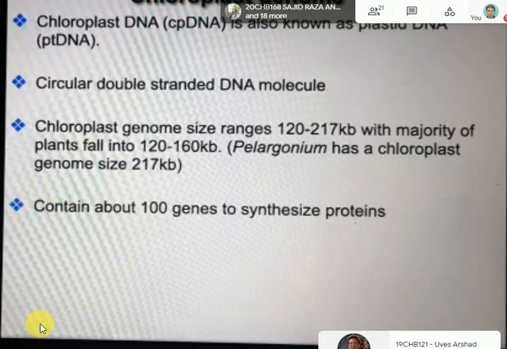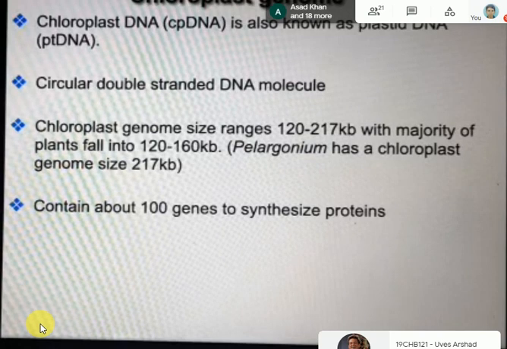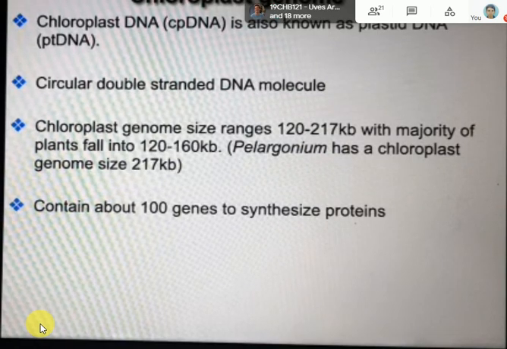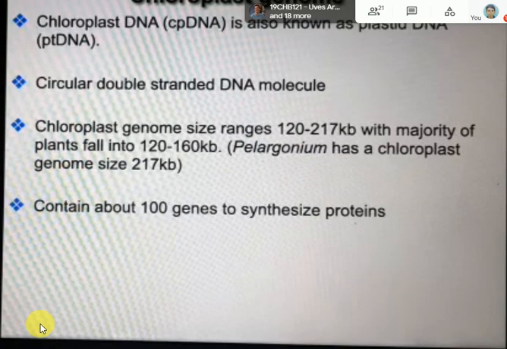All of you know that first the messenger RNA is formed, and that messenger RNA is sent for the production of the particular protein through the ribosomes.